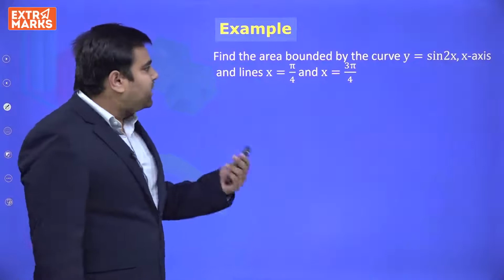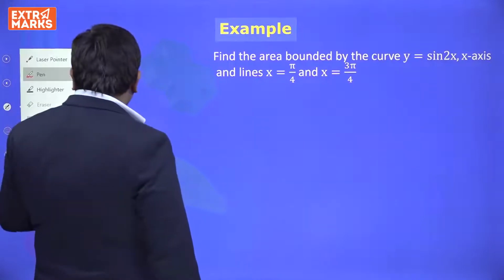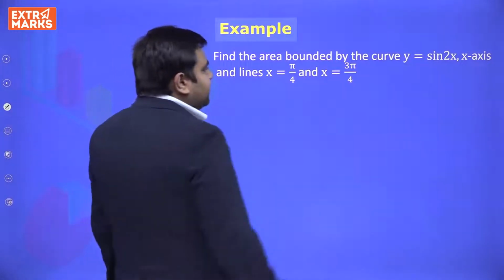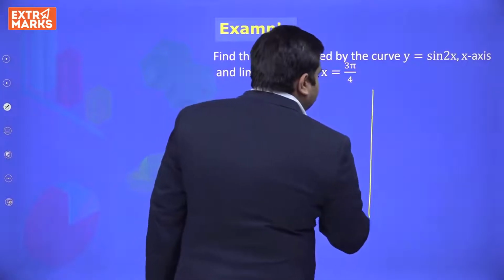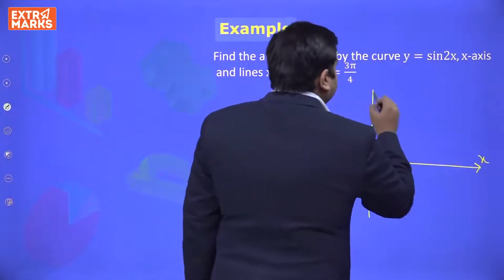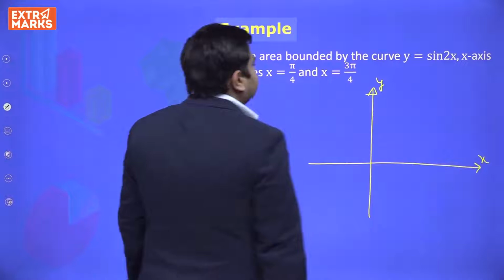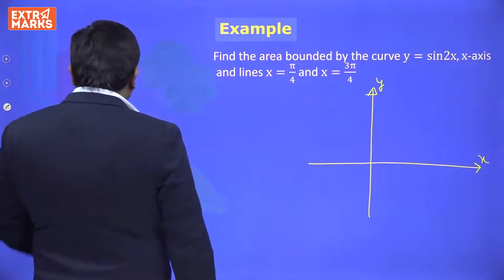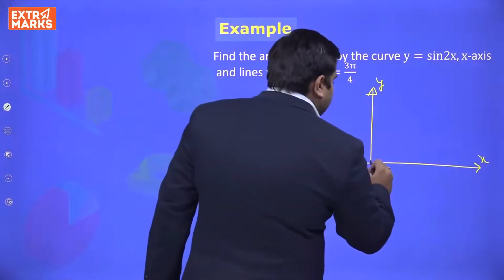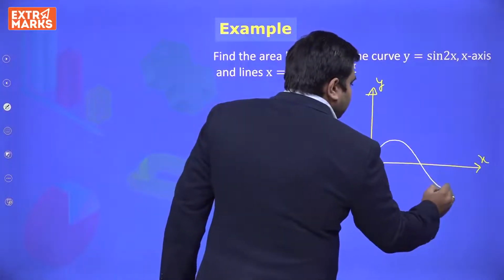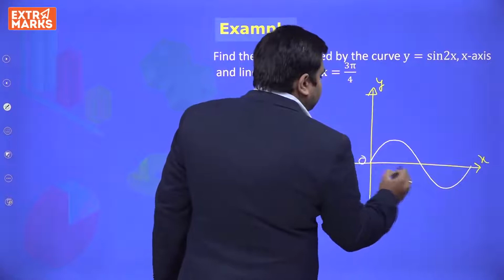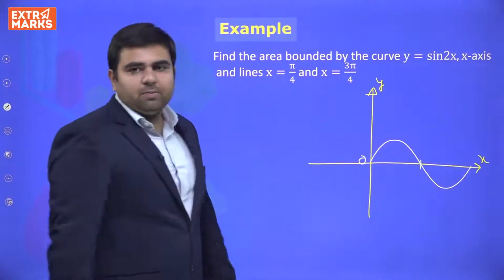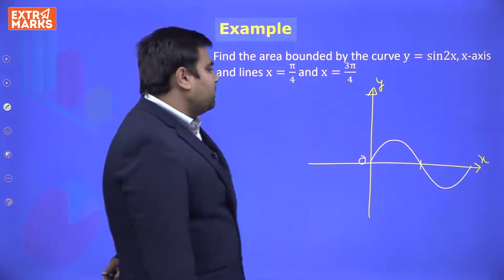Find the area bounded by y equal to sine 2x, x-axis, and the lines x equal to pi by 4 and 3 pi by 4. This is 0, this is pi. So this would be pi by 2.